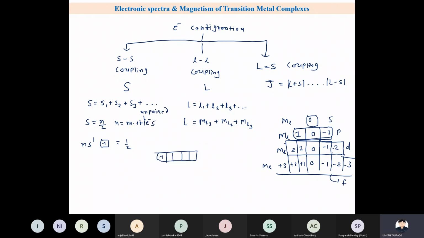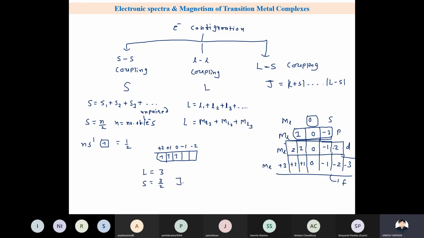What is J coupling, LS coupling? How much will the J value be? What do you have to do first? 9/2. First you go for L. L value is 2 plus 1, that is 3. S value is 1 by 2 plus 1 by 2 plus 1 by 2, it is 3 by 2.